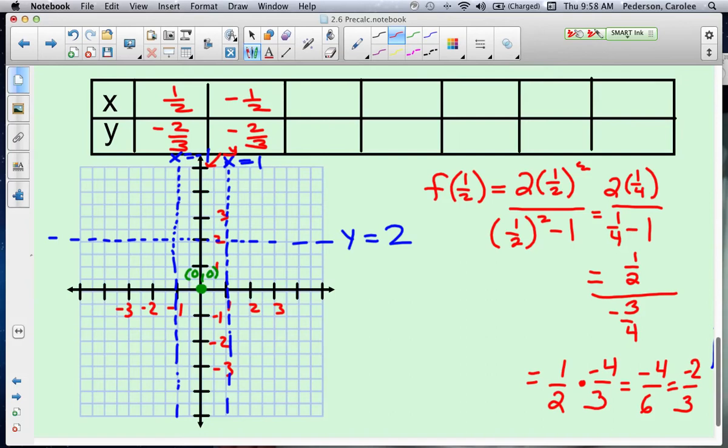So let's graph those 2 points. So I have 1/2, down negative 2/3, so about negative 0.6 here, negative 0.6 here. What do you think is going to happen as we move a little bit to the right of 1/2? It's like 3/4. What do you think is going to happen here?